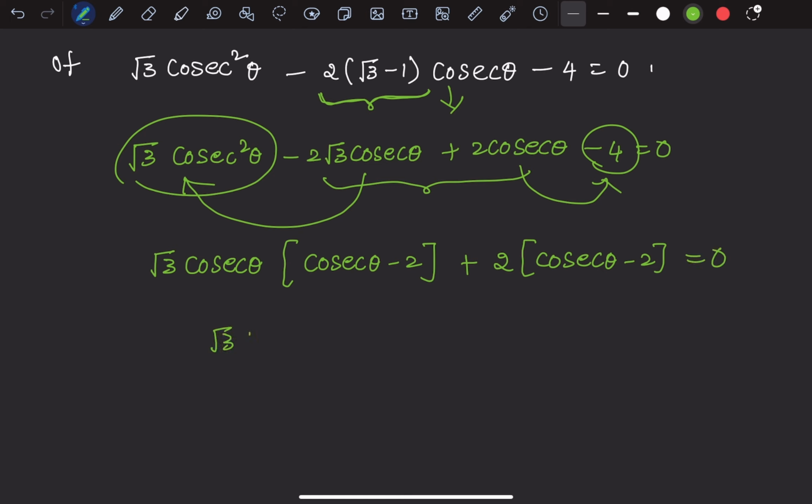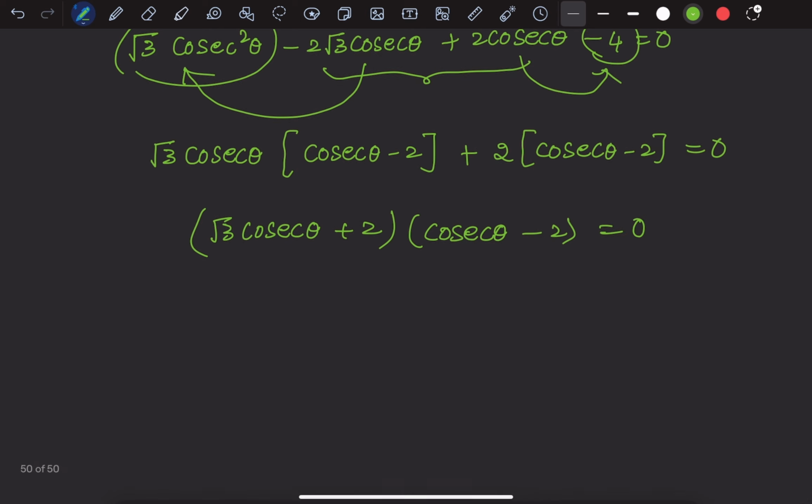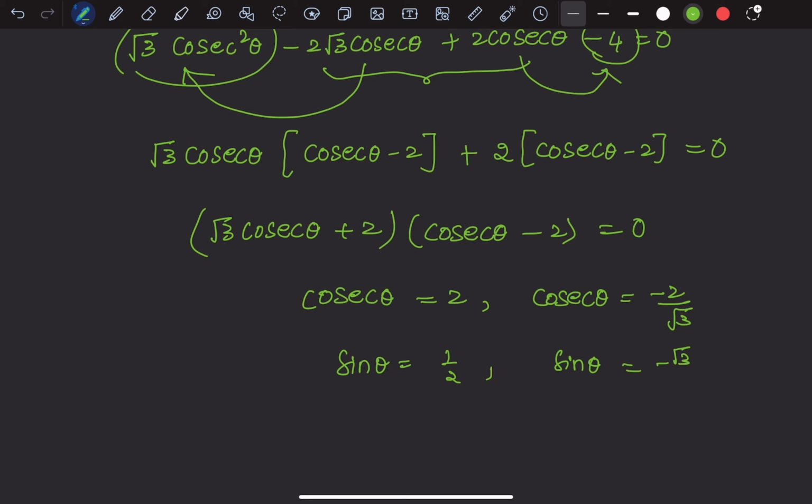So root 3 cosecant theta plus 2 multiplied by cosecant theta minus 2 is equal to 0. So cosecant theta is either 2 or cosecant theta is minus 2 by root 3. So sin theta is 1 by 2 or sin theta is minus root 3 by 2.